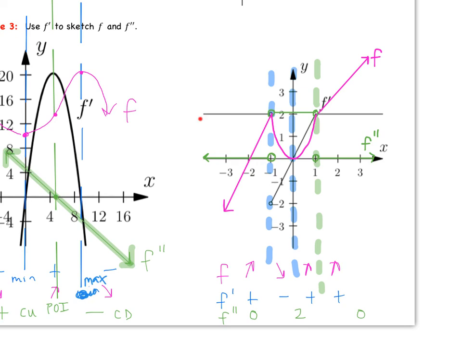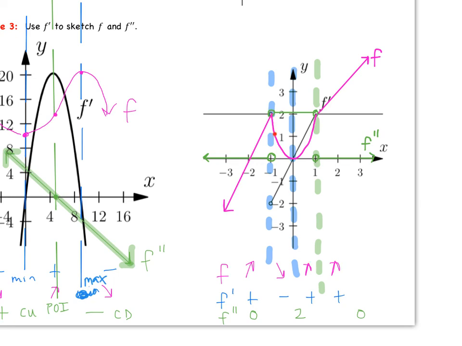Since f prime is positive here, I know f is going to be increasing on this interval. f prime goes from negative to positive at x equals 0, so that means f is going to go from decreasing to increasing along this interval.